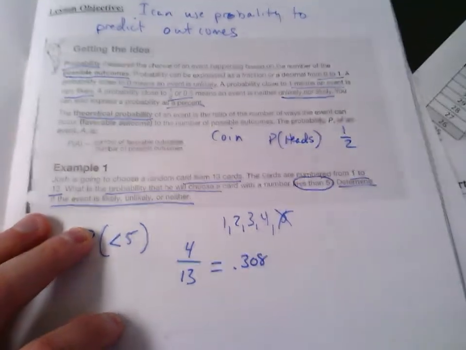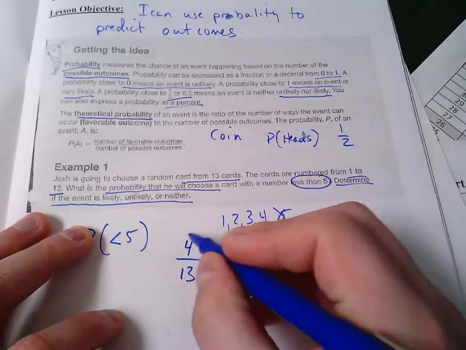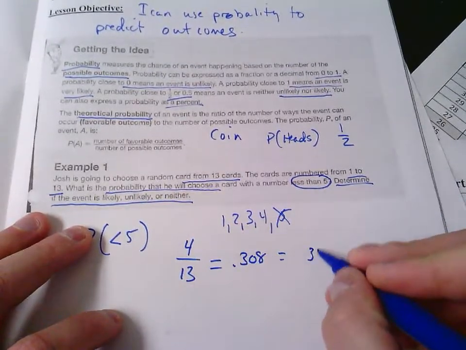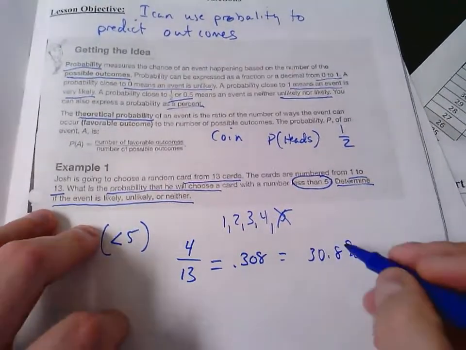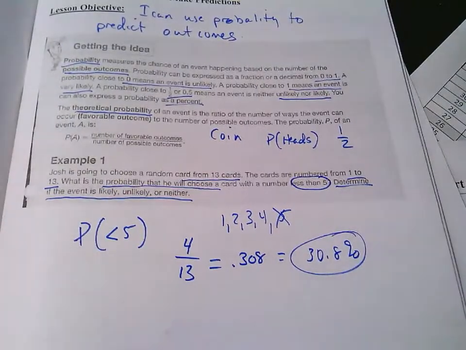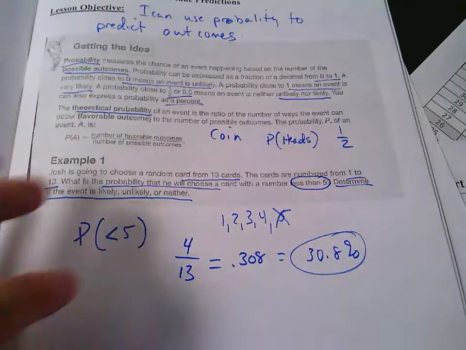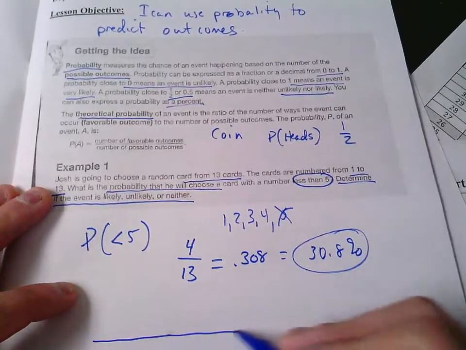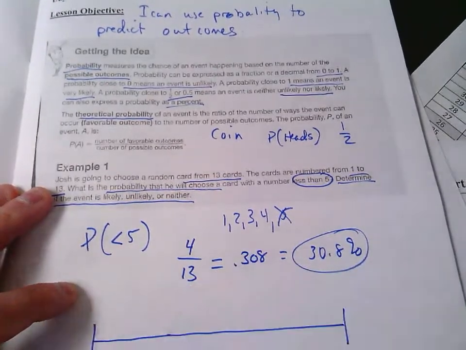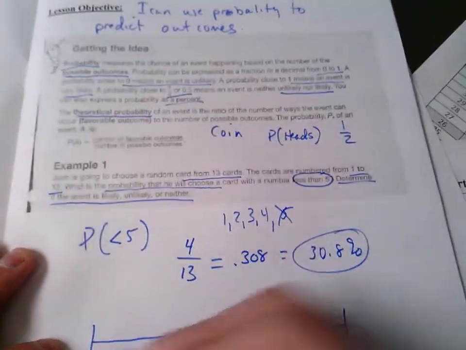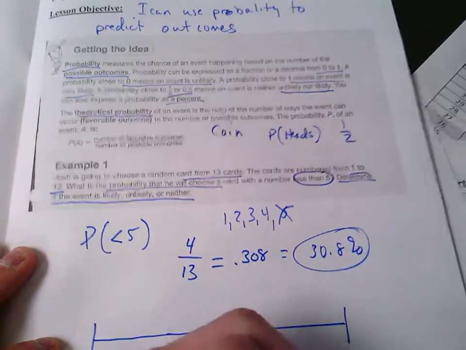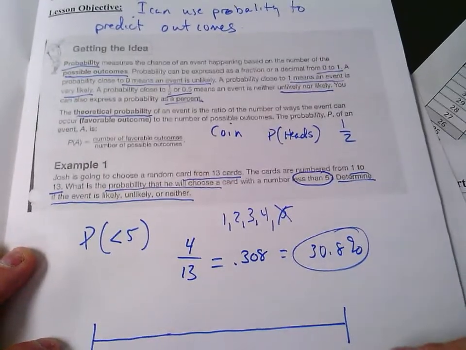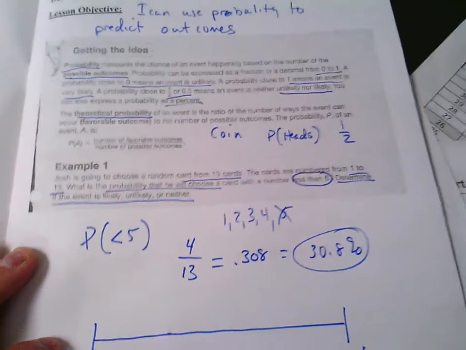And this would equal, if you think FDP, fraction, decimal, percent, 30.8%. So there's a 30.8% chance that you're going to draw a card that's less than 5. Now when we talk about likelihood, as in Fast and Furious the other day, the lowest possible probability is a 0% chance. The highest probability is a 100% chance. So we call this impossible.